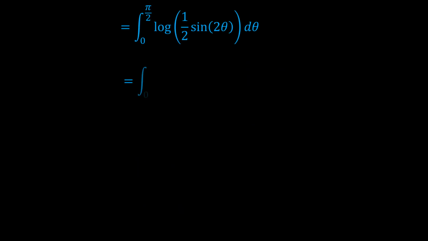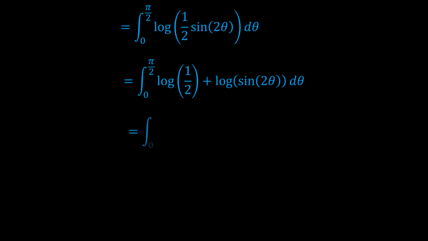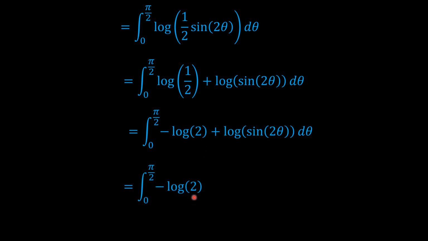And then now we can separate that so that we have log half plus log sine 2 theta, and that's the same as negative log 2. Negative log 2 can be integrated separately, and then log sine 2 theta can also be integrated separately.